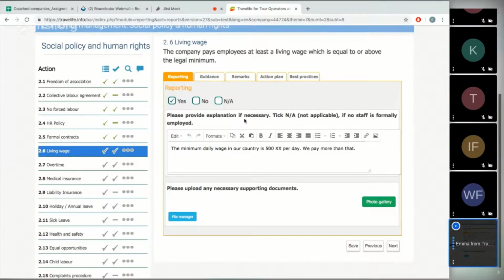So please provide an explanation if necessary, or as you can see in an example, provide an explanation what is the minimal daily wage or monthly wage, and then indicate what the lowest salary is in your company. So it would regard the lowest salary, and that has to be equal to minimum wage or above. So you can indicate that here.